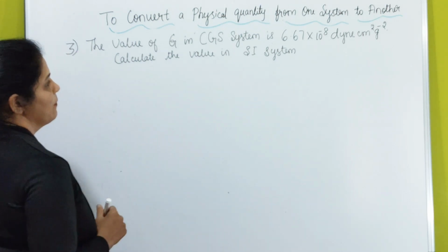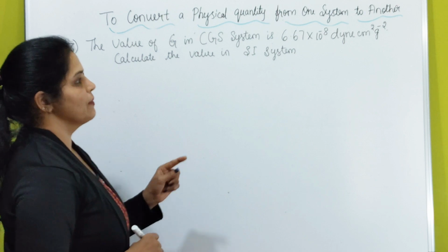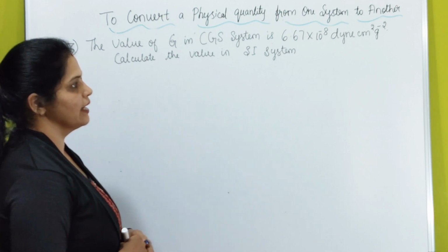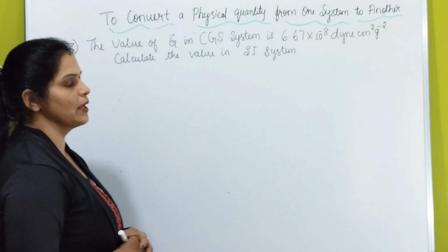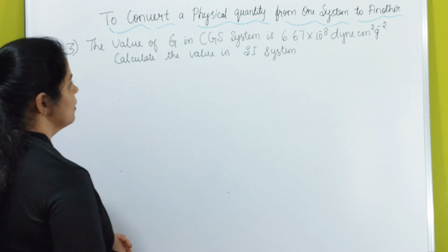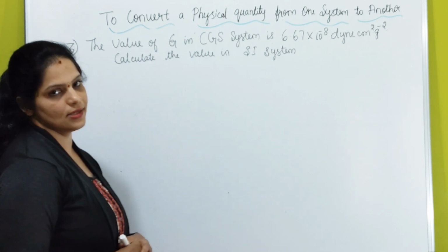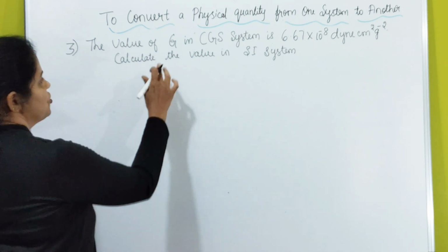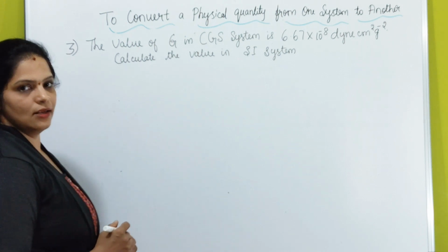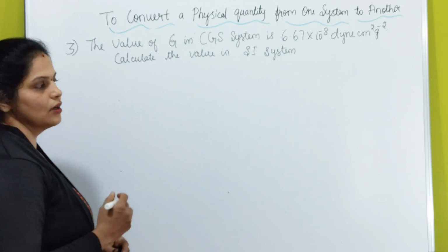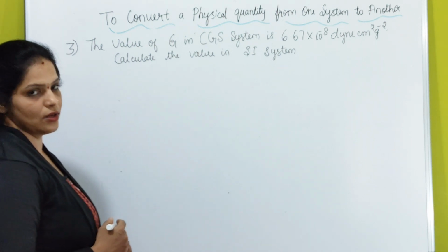The value of capital G in the CGS system is 6.67 into 10 to the power minus 8 dyne centimeter square per gram square. Calculate the value in the SI system. What is G? G is a universal constant, the universal gravitational constant.